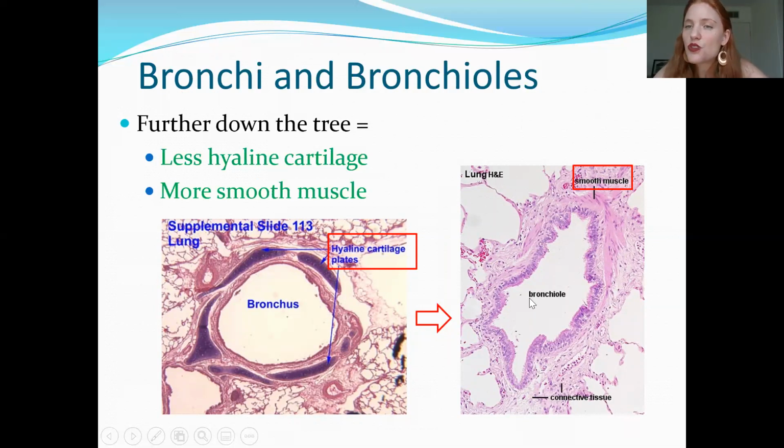Once you get down to the bronchioles, you no longer have any hyaline cartilage. All you have is a lot of smooth muscle surrounding it. So that's really the big difference between the tertiary bronchi, which is the plural form of bronchus, and the bronchioles. The bronchioles are much, much smaller branches, with no more hyaline cartilage plates.